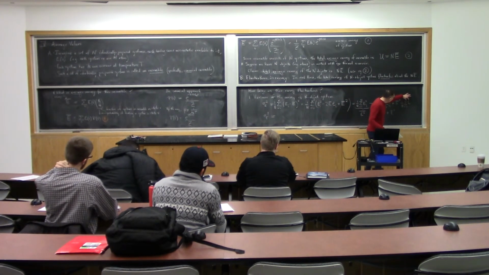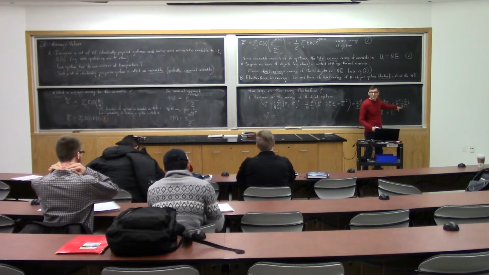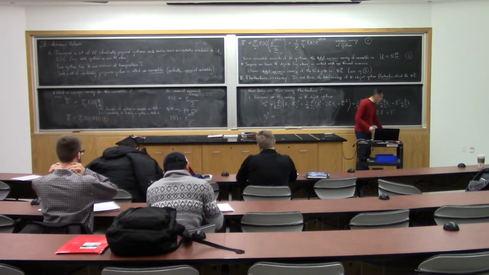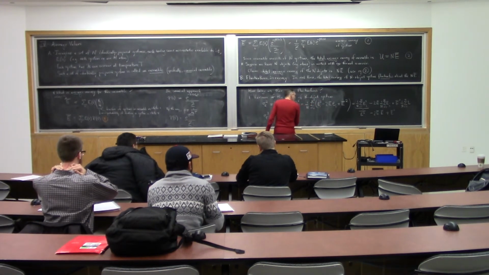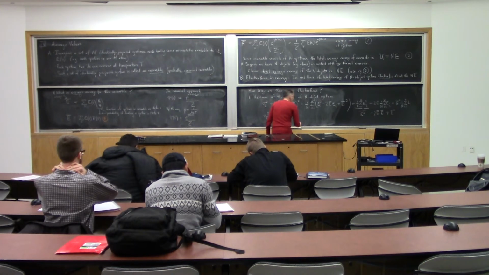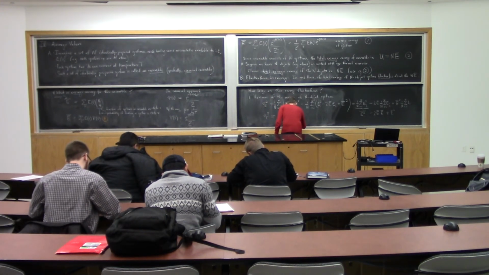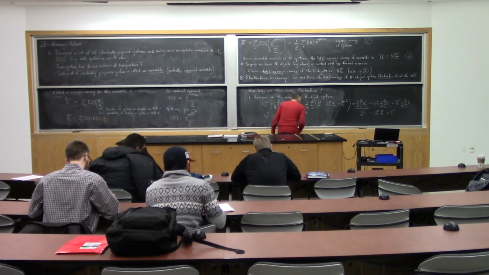So this sum just gives me an n. But there's an n downstairs. So those cancel. So all I'm left with is the E average squared. Now look at this. This is E squared average minus 2 E average squared minus E average squared.